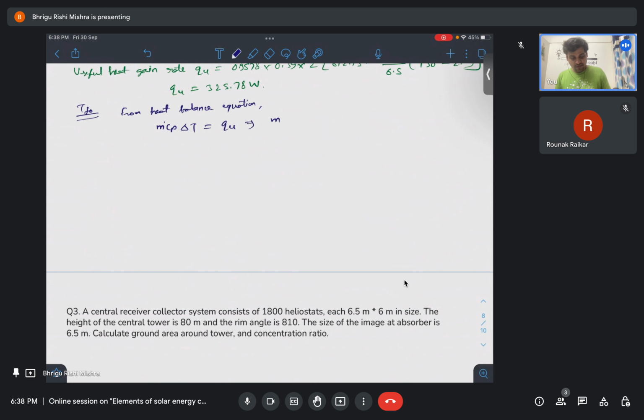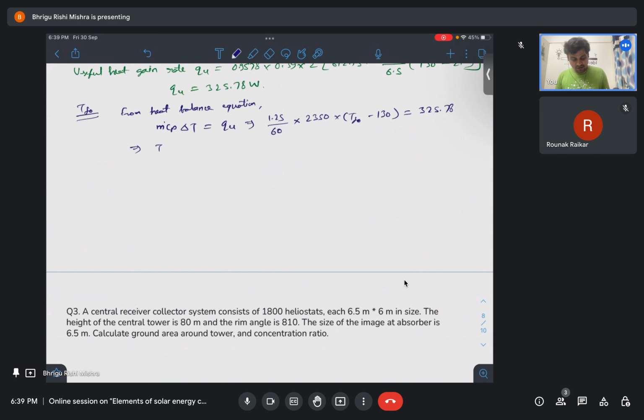So again we have m dot, it is 1.25 kilogram per minute, so divided by 60, into Cp, that is 2350, and then delta T, that means output temperature of fluid minus input temperature, and input is already given, it is 130, and this equals 325.78, which we have just calculated, QU.